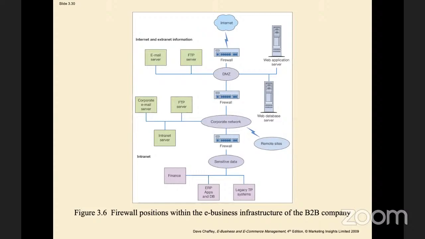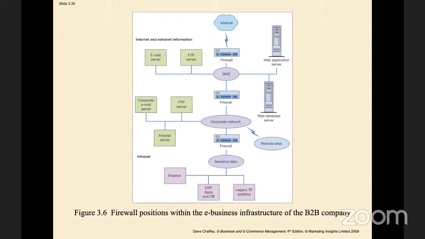So it is the in-between to have a check on the activities. Then from the DMZ to the corporate network, there is also a firewall in between, to have a check on the corporate email servers, FTP server and intranet server.